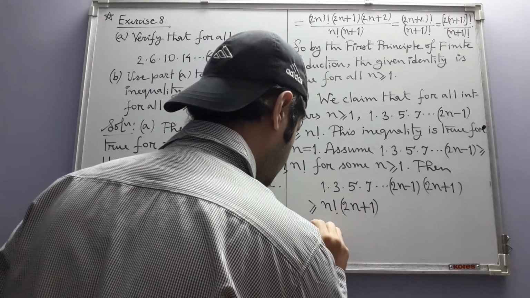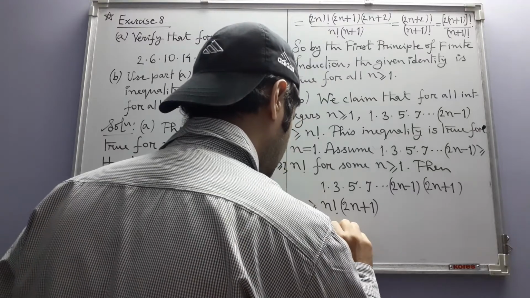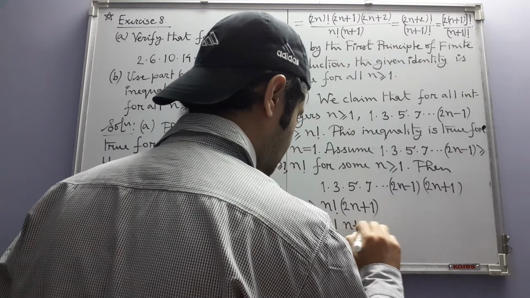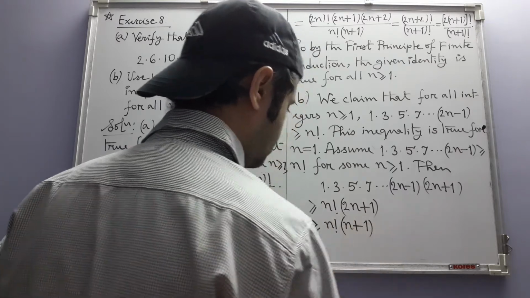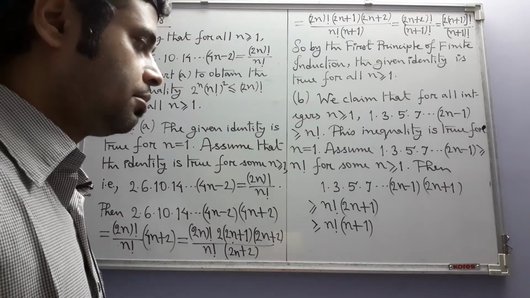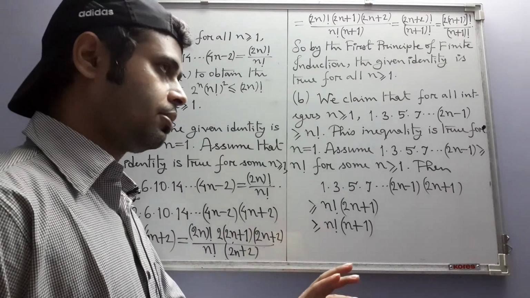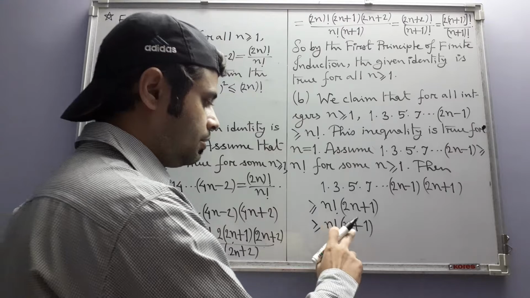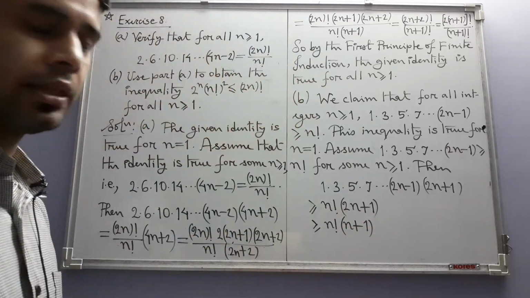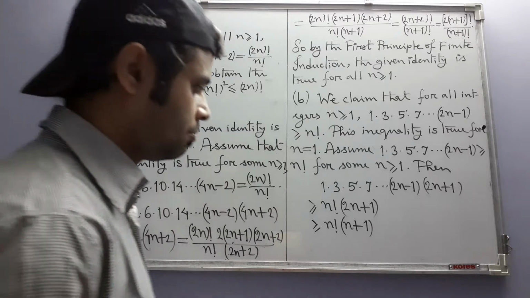Now we can replace 2n plus 1 by n plus 1, and we have the inequality intact. The inequality does not get reversed. The thing is that 2n plus 1 is clearly greater than n plus 1. Why is that so?